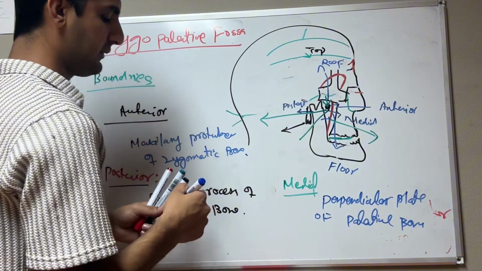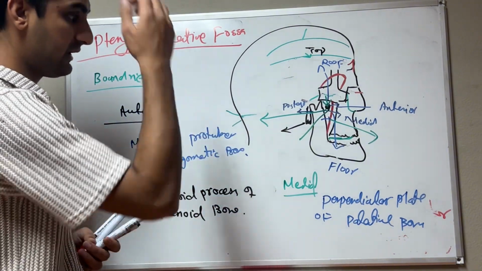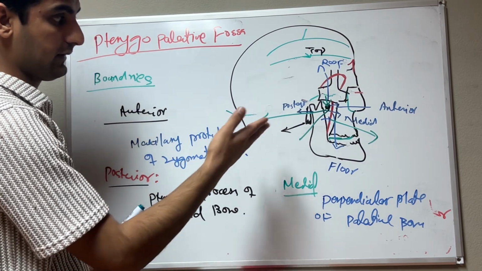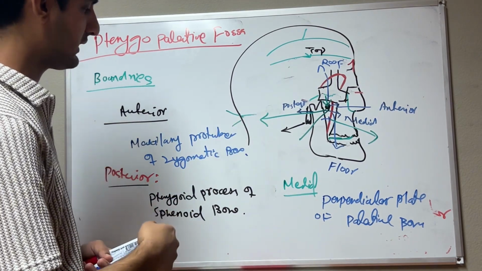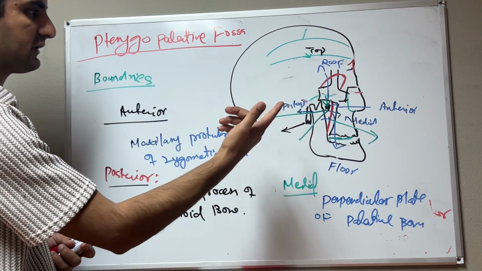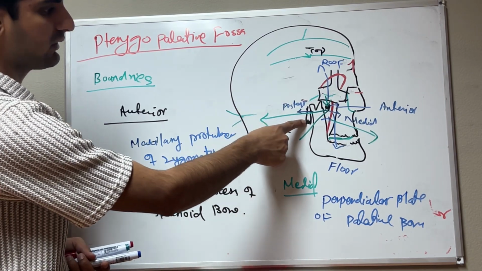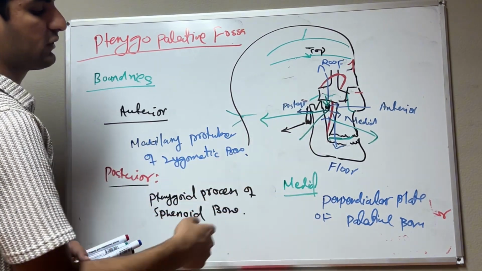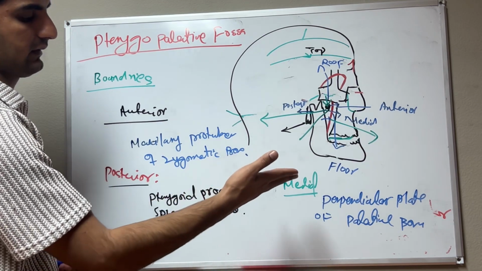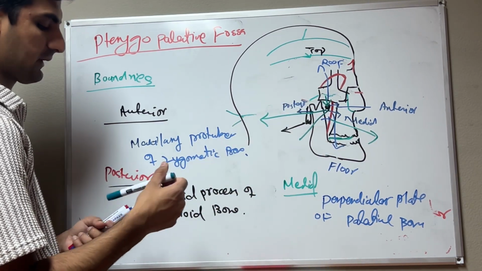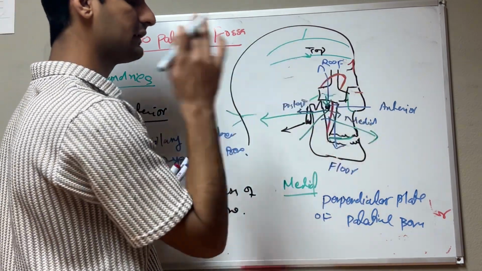The red one is the middle boundary, or middle wall, of the pterygopalatine fossa. Okay, we discussed anterior, the maxillary protuberance of the zygomatic bone; posterior, the pterygoid process of the sphenoid bone; and medially, the perpendicular plate of the palatine bone.